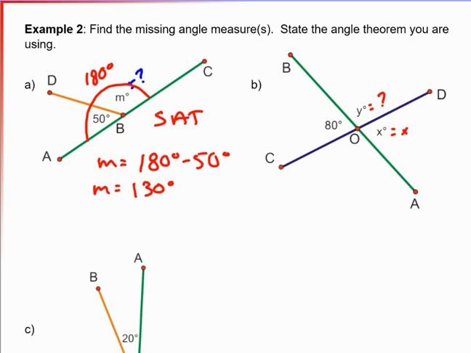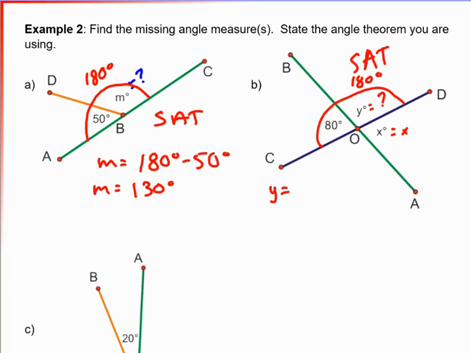If we look at it as this line being a straight line, we can see that this should all add up to 180. So y, in this case, we can use the SAT rule, supplemental angle theorem.